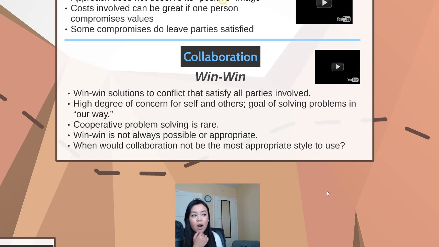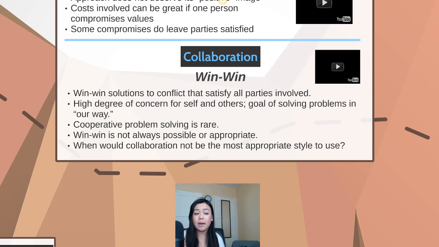And so it's a little bit of a hard mentality to get into if you're not close to the other person or if you're not invested in the relationship, right? This is definitely not a style you should use with someone that you don't know well or that you don't care about, or that you don't trust in the relationship. Collaboration is definitely for people, for example, coworkers that have worked together for a decent amount of time and trust one another and have had successes together.